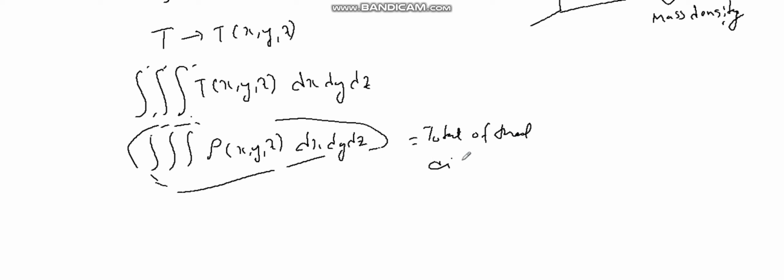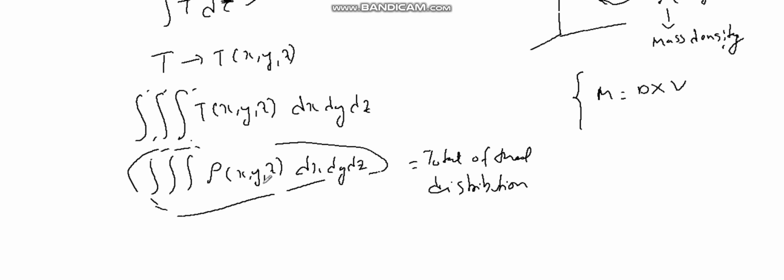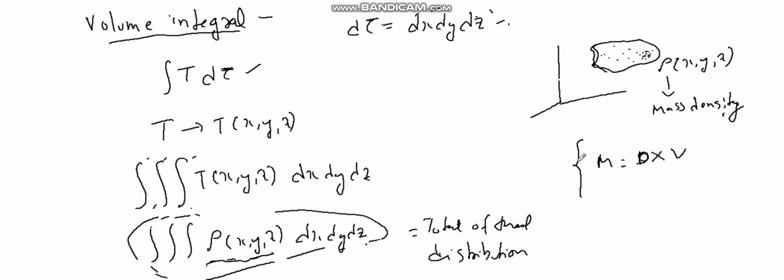How is it going to be? We know that mass is density times the volume, right? And it is exactly the same thing. Mass is equal to density times the volume, and we are integrating over all the space, so we'll get the total mass of the distribution.